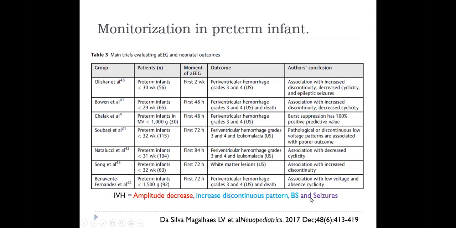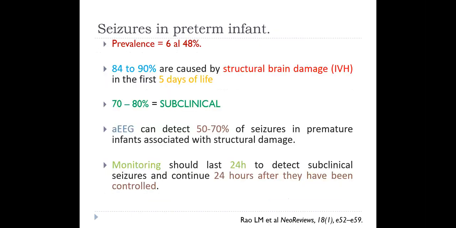It's very important because if you have a baby with severe hemorrhage, grade 3 and parenchymal lesion, you need to make one monitorization because around 70 to 80% of the seizures in preterm infants are subclinical, only electrical.